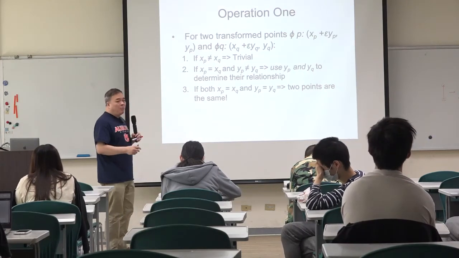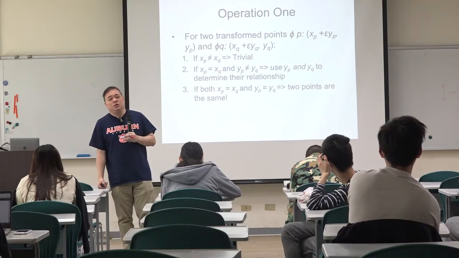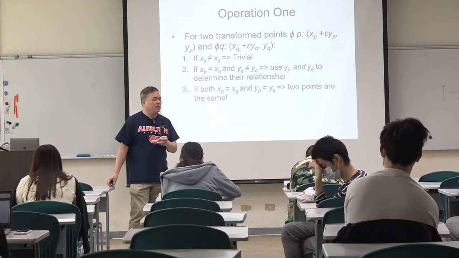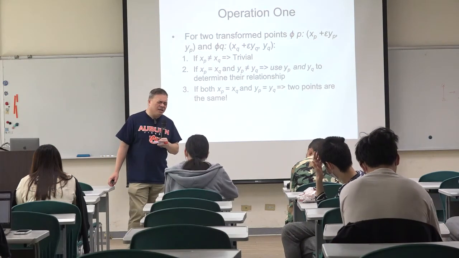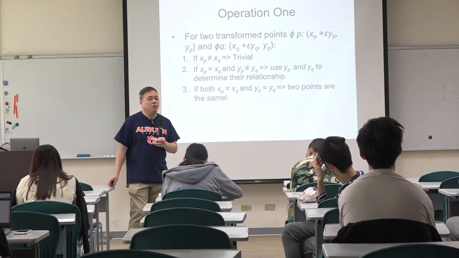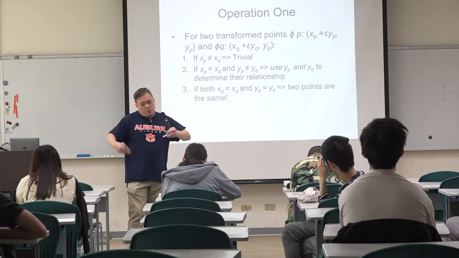By the way, here we do not assume we have two points at the same location. It's impossible for two points to be at the same location, unless you are talking about a query point. If it's a query point, of course you report it.